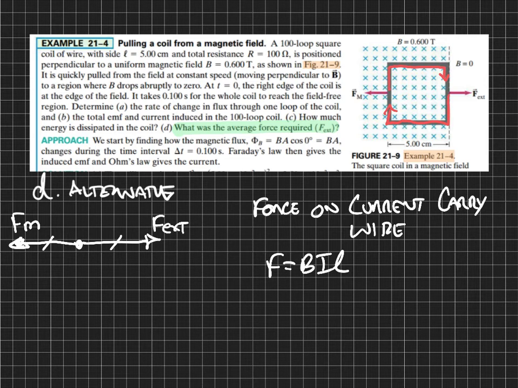Your thumb should point in the direction of the current flow, and your fingers should point in the direction of the magnetic field. So at the top, I would point my fingers into the page and my thumb to the right, and I would get a force pointing upwards, based on the top of my loop. At the bottom of my loop, my thumb would be pointing to the left, so I'd get a force pointing this way. Those two forces are going to cancel each other out.